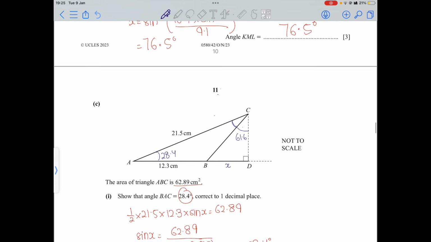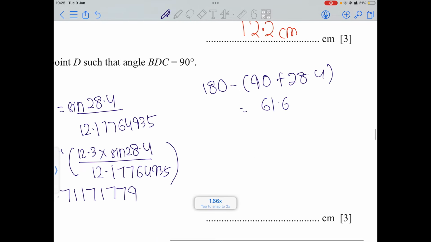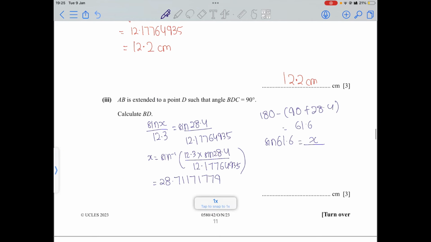Now x will be opposite over the hypotenuse, so if you're applying opposite over hypotenuse, that is SOH, so sine 61.6 is equal to the opposite over the hypotenuse, which is basically 12.17764935.